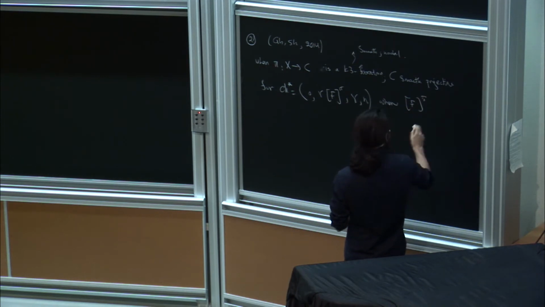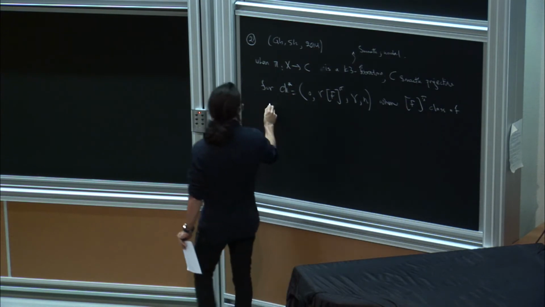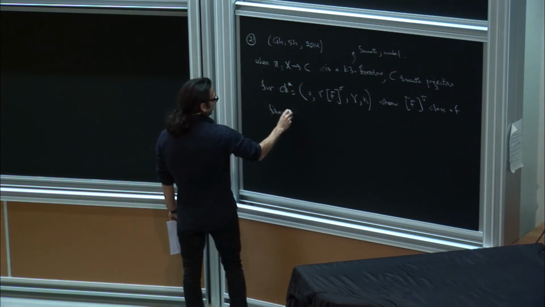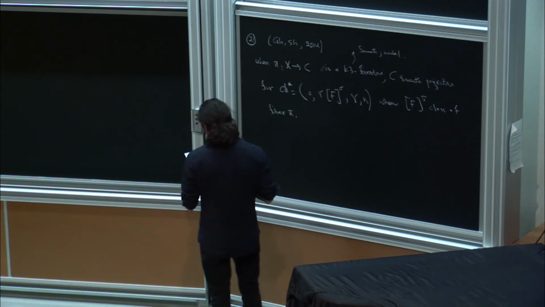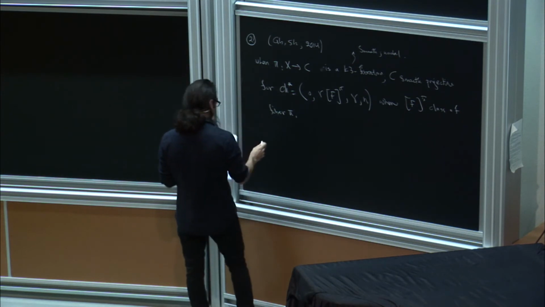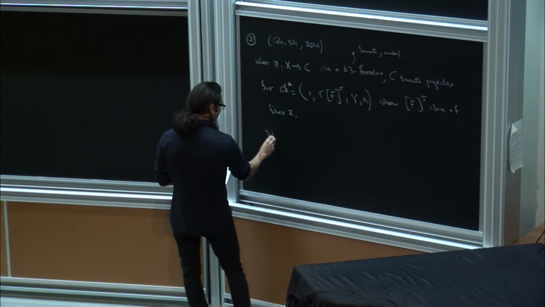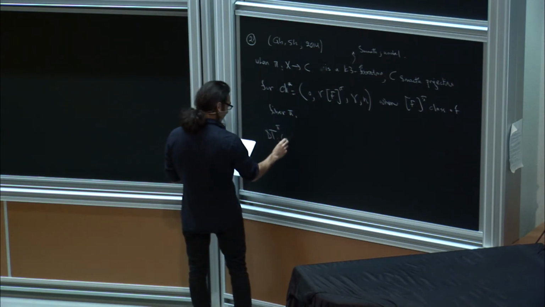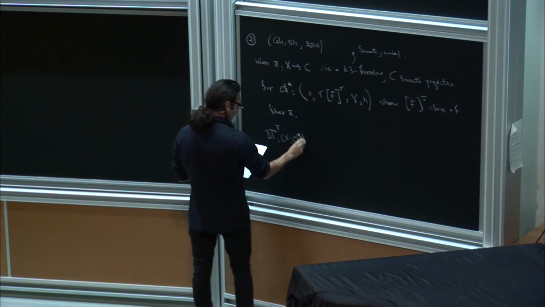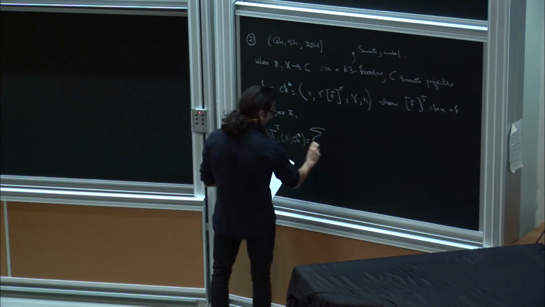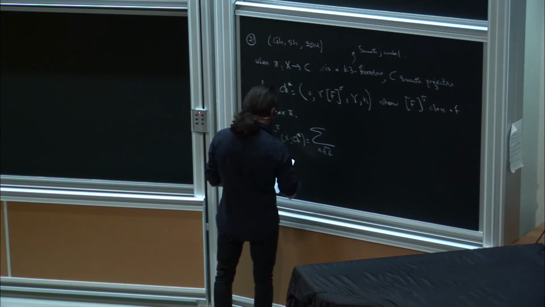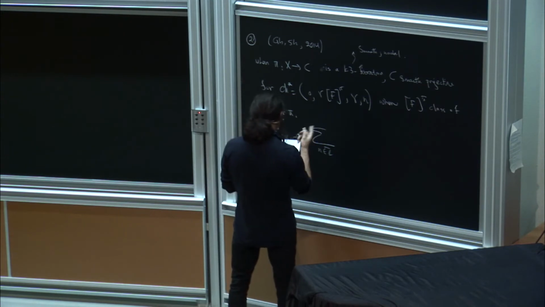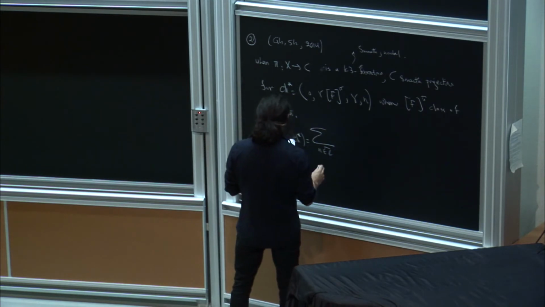If this is the class of the fiber, class of fiber of pi, then we proved the statement of S-duality. So we showed that the DT invariants of this fibration are given by the following formula. So n is changing again over Z. I'm fixing the i's.